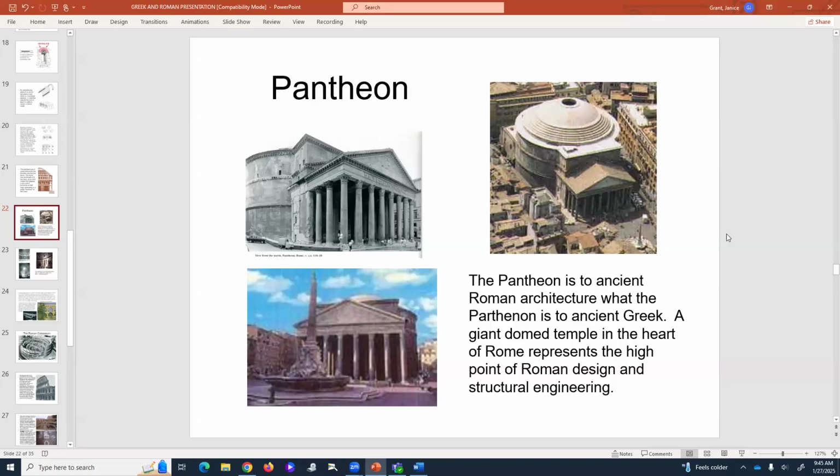The Pantheon was the best representation of Roman architecture. And I did write in here that the Parthenon was the Greek architecture that was significant.